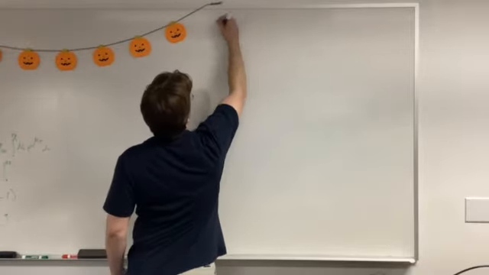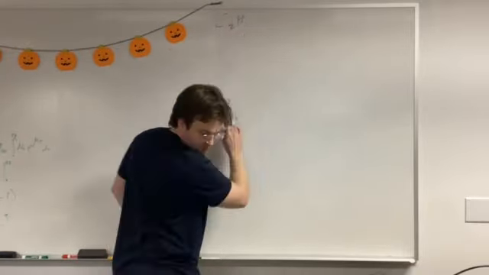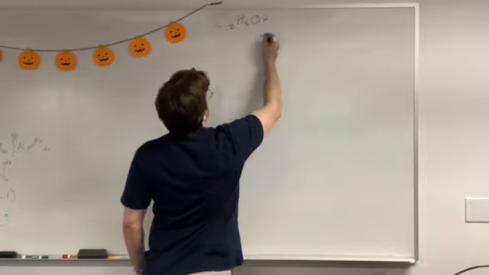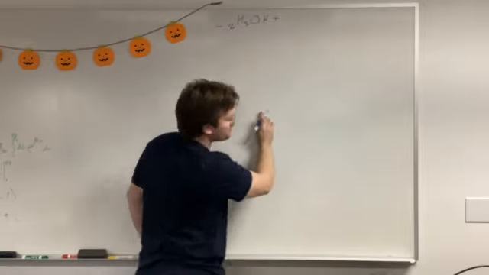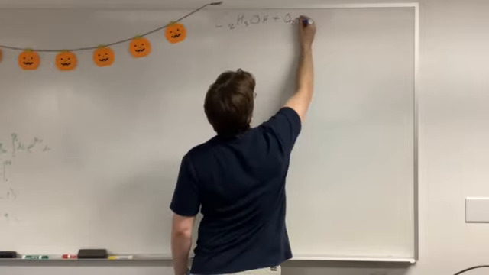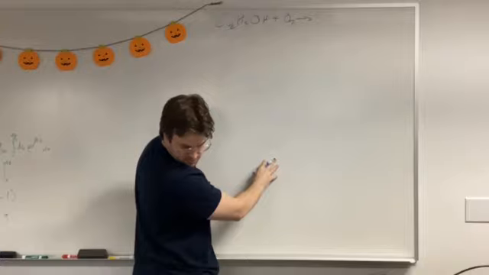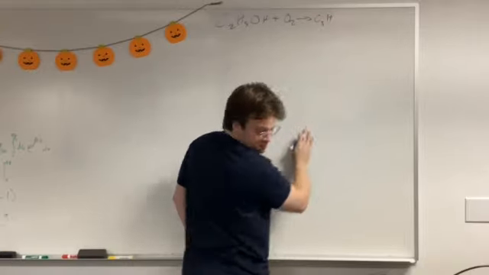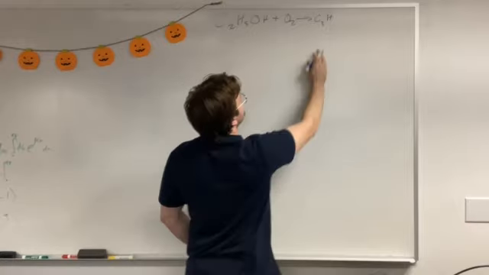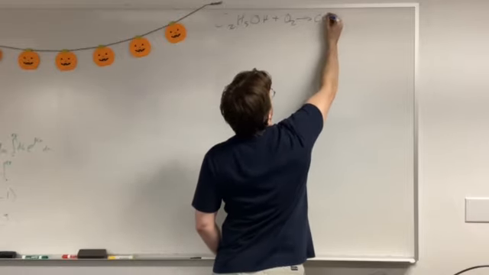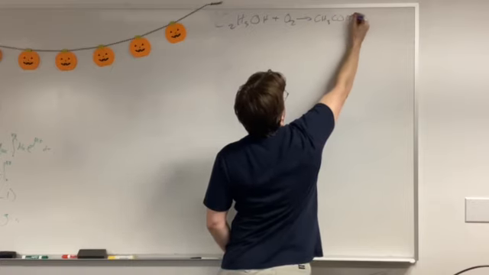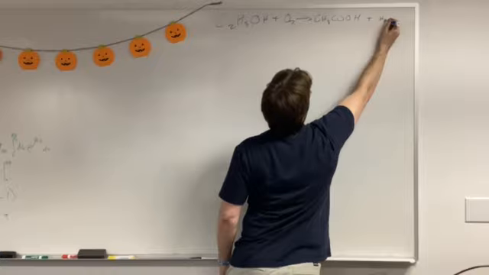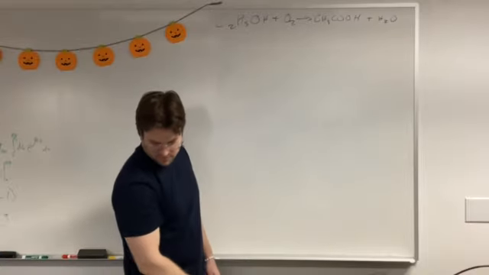So ethanol is C2H5OH plus O2 converts to CH3COOH plus water, I believe.